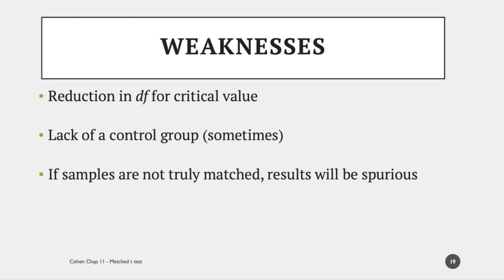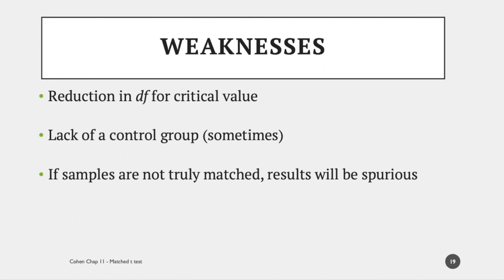Another thing that can be hard is sometimes we have a lack of a control group. We're going to talk about mixed designs with ANOVA later on. But with this specific design, it can be hard to incorporate a true control. And that can make it really hard to know if changes from pre to post, or time 1 to time 2, or from one condition to another has to do with something other than the intervention itself.